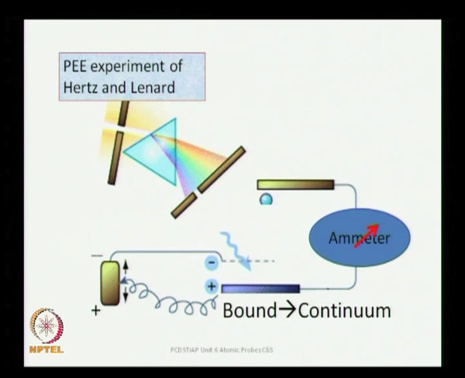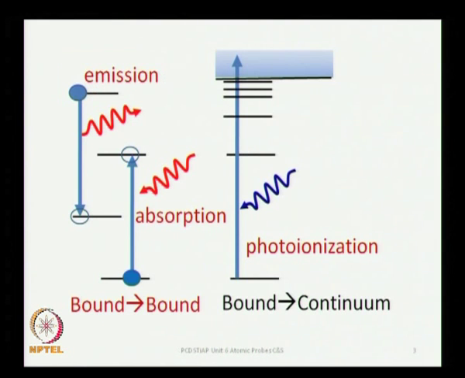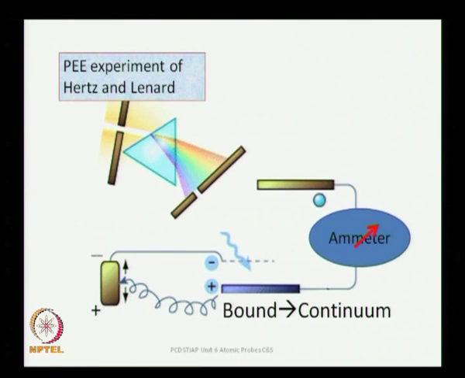So electrons are knocked out, and then you can measure the kinetic energy of the electrons using this retardation potential applied by a DC source. So that is the typical photoelectric effect experiment that you would have done, and essentially these electrons which are coming out as a result of photoabsorption are what you call photoelectrons.